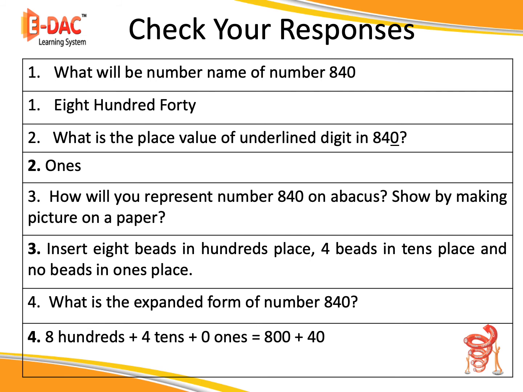That is how you can represent 840 on an abacus. And for the expanded form in the fourth question, you can write the number as 8 hundreds plus 4 tens plus 0 ones, or 800 plus 40.